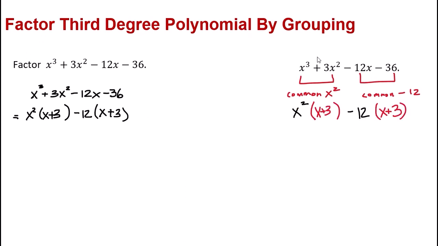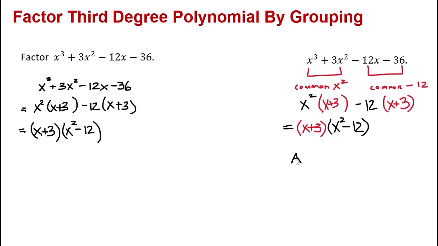So in my explanation area here, I can see what the common factor is. The common factor is x plus 3, and then I'm going to have x squared minus 12 as my other factor. So for here, I would have x plus 3, my actual work, and x squared minus 12.